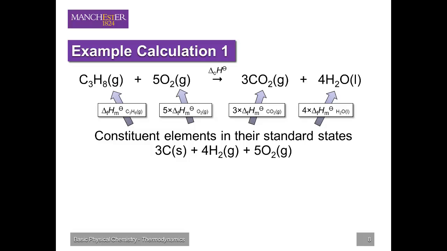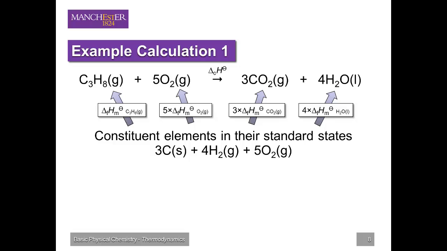The enthalpy change that we are asked to calculate is the enthalpy for the combustion of propane, which is given the symbol delta C H standard. We are asked to calculate the enthalpy change going from the reactants to products.